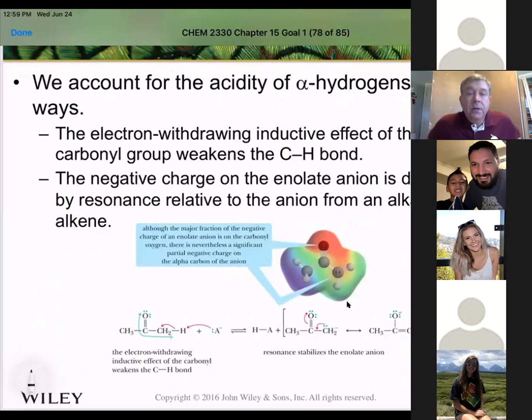Okay, so the reason we can call these acidic hydrogens is because of resonance stability, okay? So in general, you would think an alkane hydrogen is not very acidic. If you'll remember our pKa for ethane, the hydrogen on ethane is like 50, which is like the least acidic thing we have, okay?